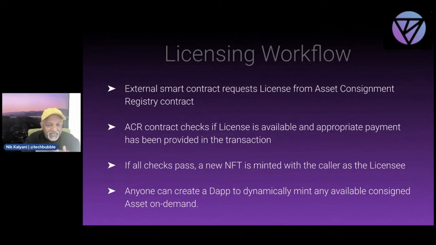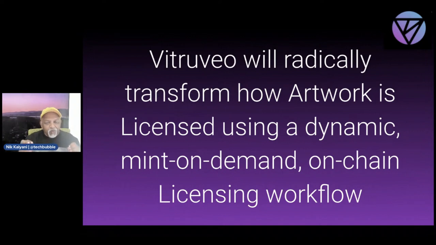There's no minting until there's a buyer with money who says, I want this. This is on-demand minting of consigned resources. It is new. It doesn't exist anywhere on any blockchain or any smart contract today. We will radically transform how artwork is licensed using this dynamic mint on demand on-chain licensing workflow.